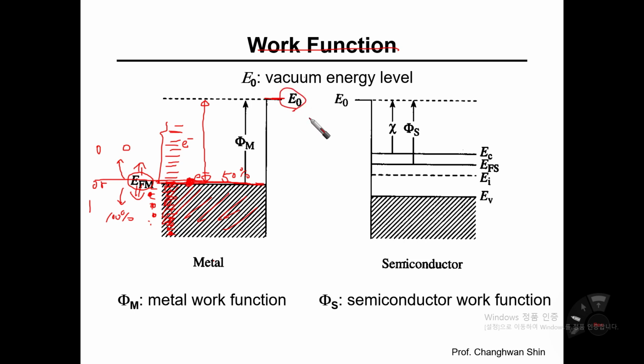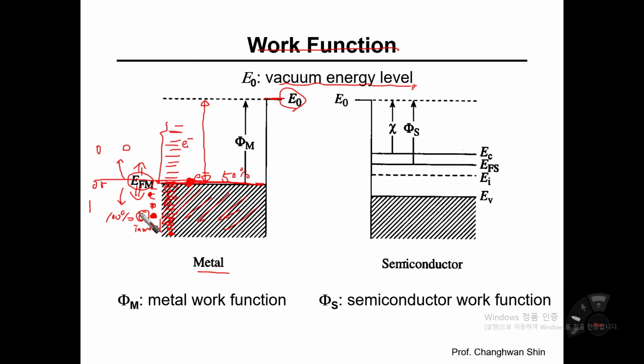Yes, E naught indicates the vacuum energy level as described here. Vacuum energy level means that any electron in this metal is actually bonded or included in this metal.